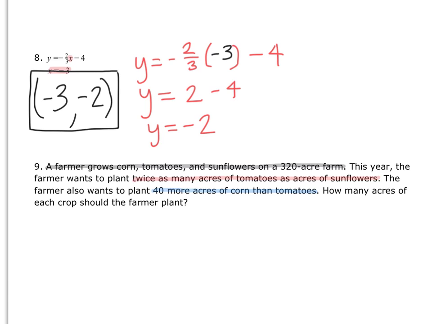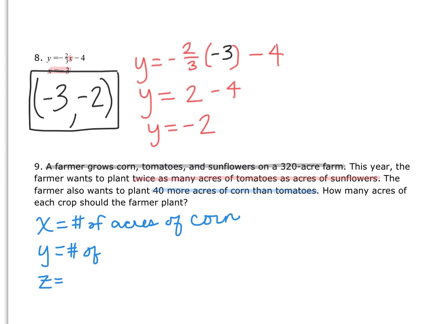So the question tells you what your variables should be. Let's call my variables x, y, and z. And let's say x is the number of acres of corn. I'm going to call y the number of acres of tomatoes.